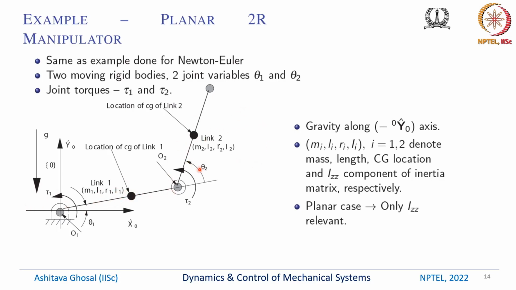The same applies to the second link. Gravity acts in the minus y direction, and m, I, R denote the mass, CG location and the z component of the inertia matrix. This is a planar example, so only Izz is relevant.